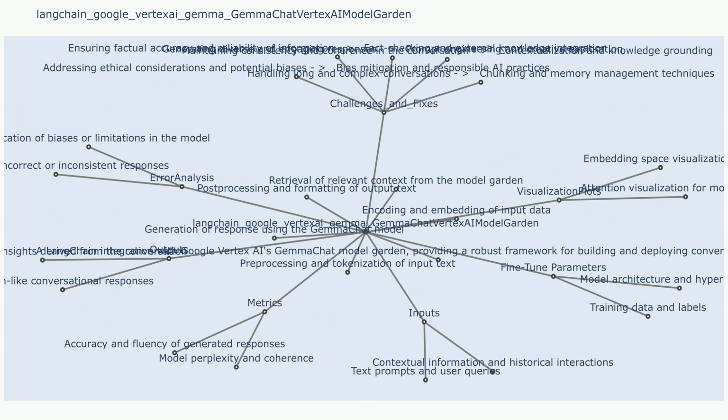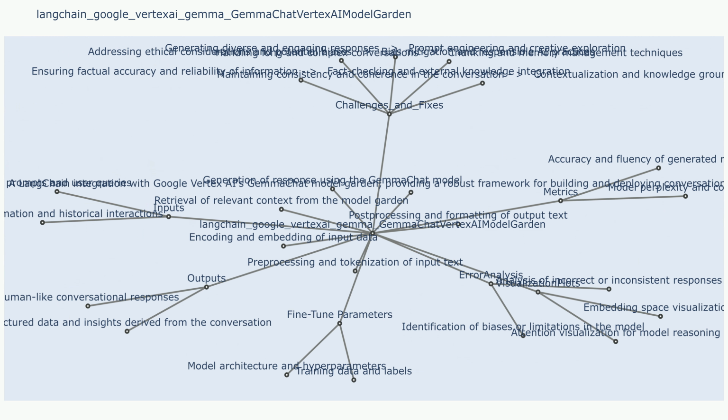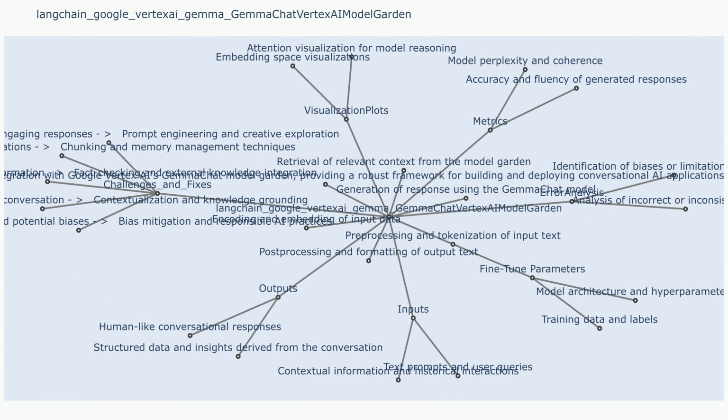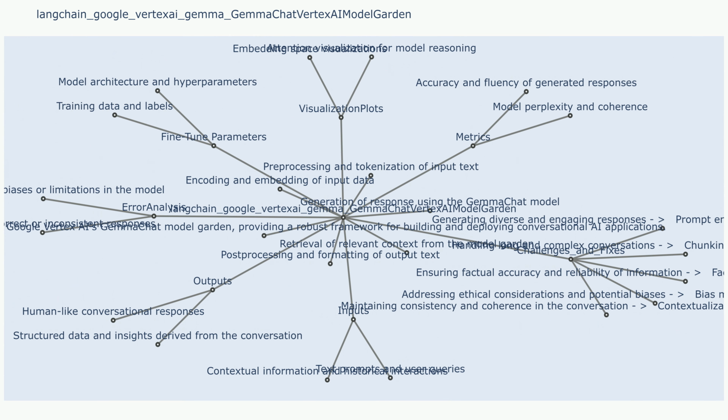Visualization plots. Visualization plot 1: Explain in detail. Attention visualizations, showing which parts of the input text the model focused on when generating the response. Visualization plot 2: Explain in detail. Word embedding visualizations, displaying the semantic relationships between words in the input and output text.